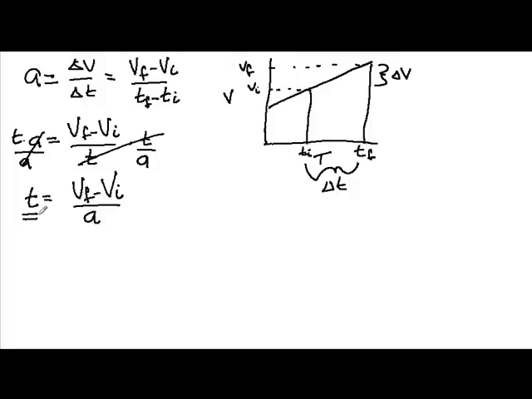Maybe I'm looking for something different. Maybe I'm looking for the final velocity. I could rearrange that now. Let's go ahead and multiply each side of this by A. So I find out that my acceleration times my time is equal to my final velocity minus my initial velocity.